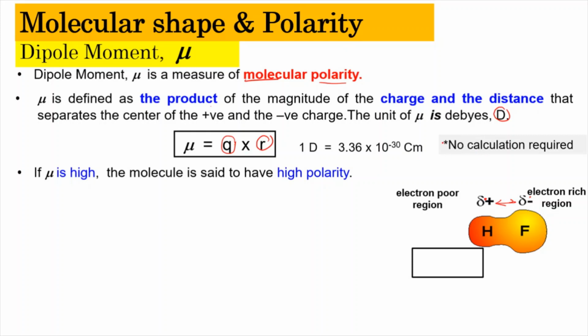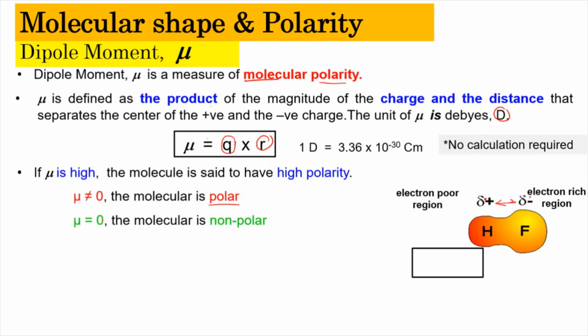So there's not going to be any calculation regarding this dipole moment, but we are interested in whether the value is 0 or not 0. So if the value is not 0, we can say that it is polar. But if the dipole moment mu has a value of 0, then the molecule is non-polar.